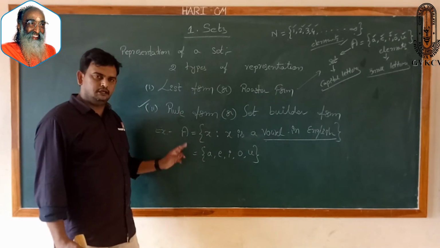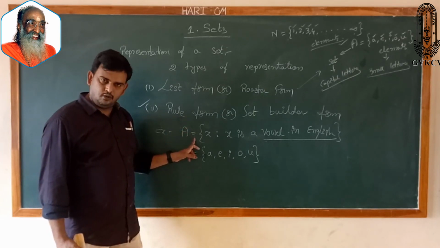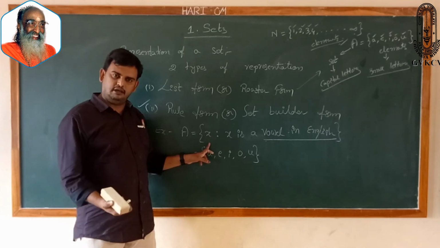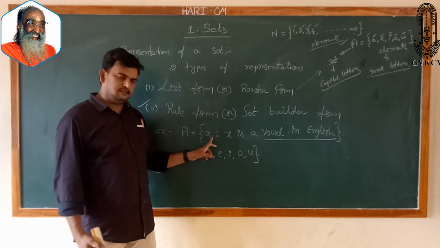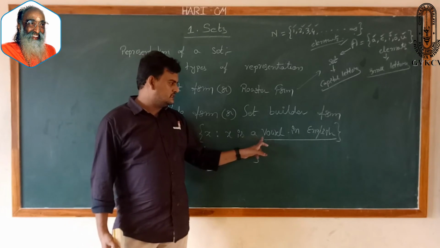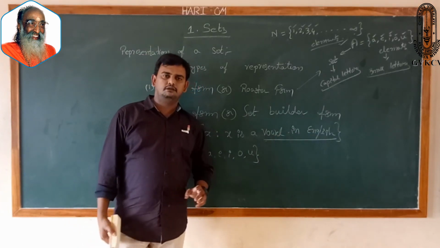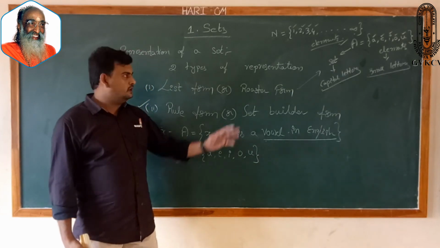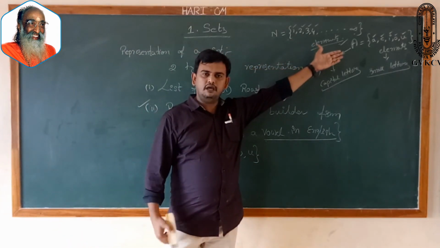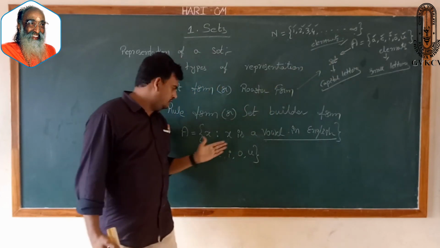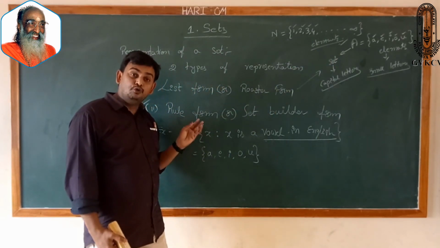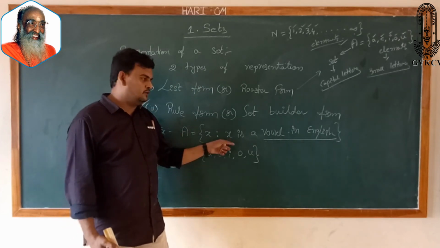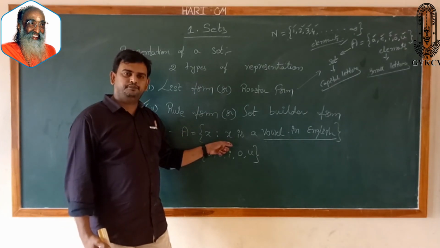So we can say that A is equal to {x such that x is a vowel in English}. x is a common letter we can use everywhere, for anyone, for anything. That means A, E, I, O, U. By seeing the letters everyone can say, but by reading this statement, only those who have knowledge of English can answer.